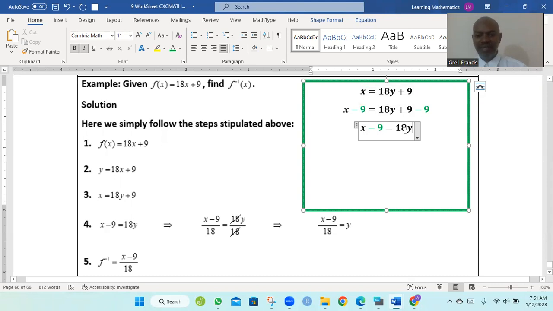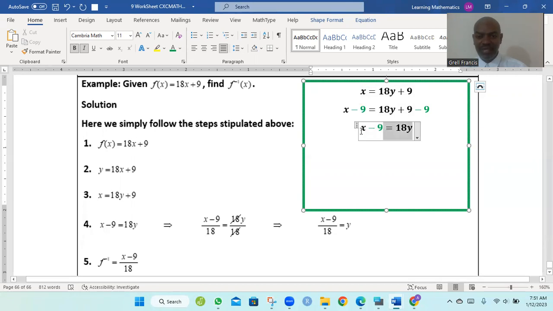So now we're going to cancel out 18. As you can see, 18 was divided because 18 is multiplying to y, and the opposite operation of multiply is divide. So to cancel out the 18 that is multiplying, you have to divide. What you do on one side, you have to do on the other side.